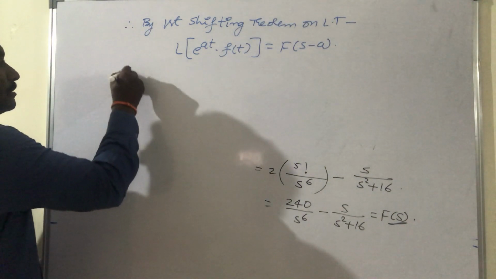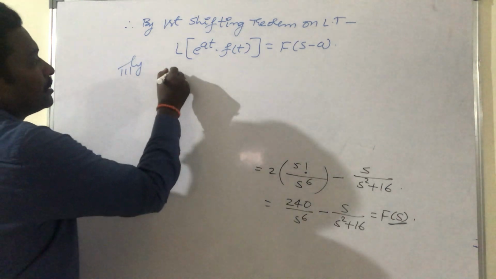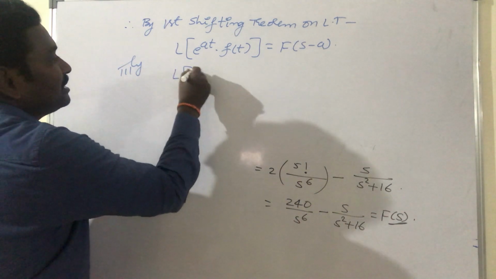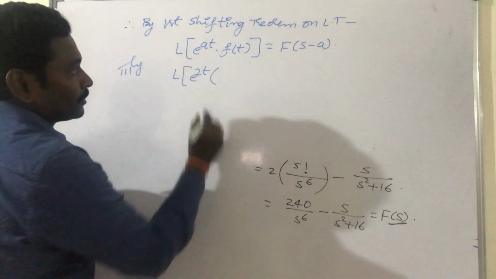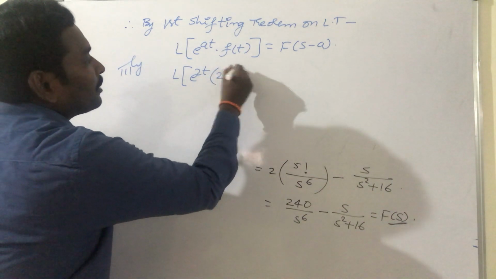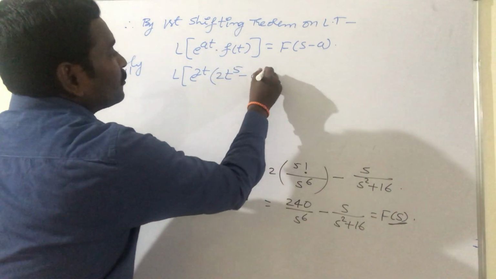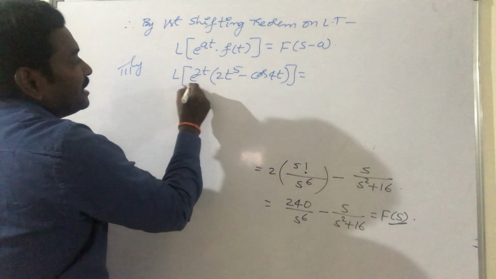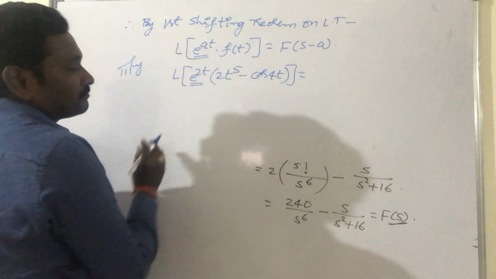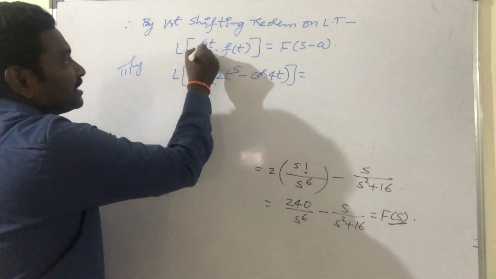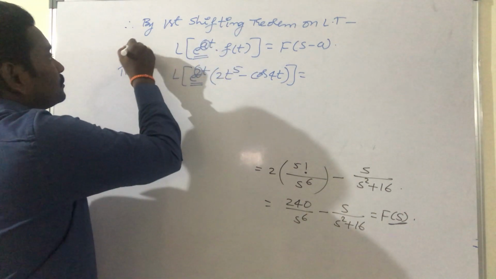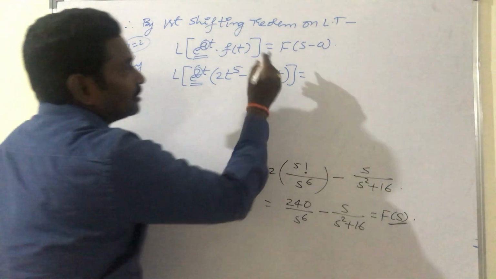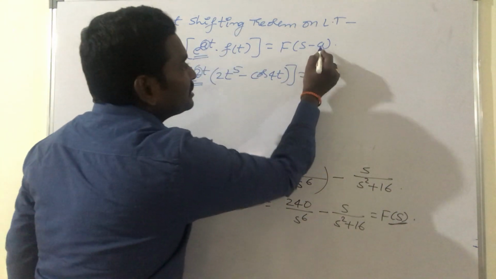Similarly, write the given problem here. L of e power 2t into 2t to the power of 5 minus cos 4t is equal to, compare e power 2t with e power at. So you will get a is equal to 2 here. Substitute the value 2 in this one.